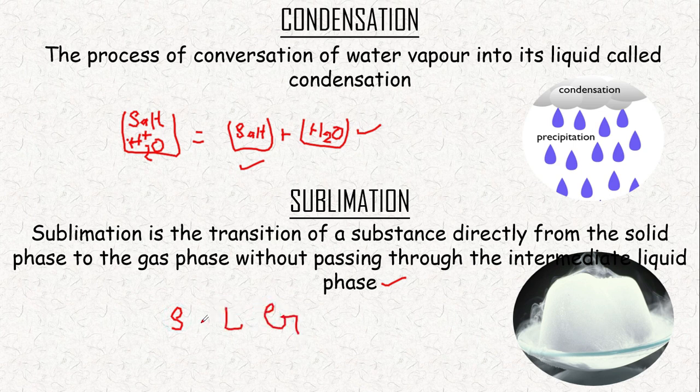Most substances first convert into liquid and then into gas, or from gas to liquid and liquid to solid. This is the usual process, but in some cases it goes directly from solid to gas or gas to solid.